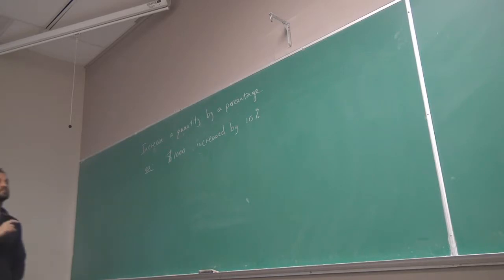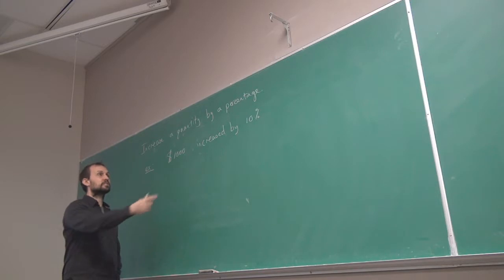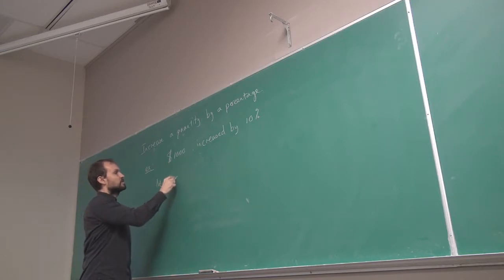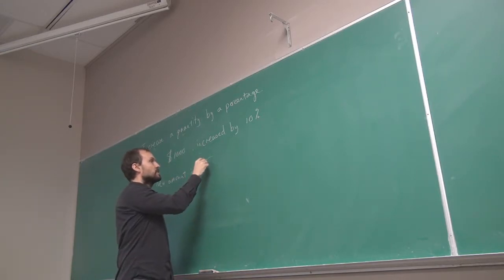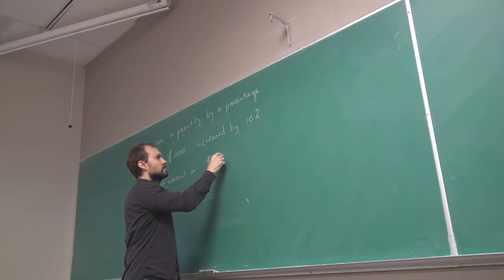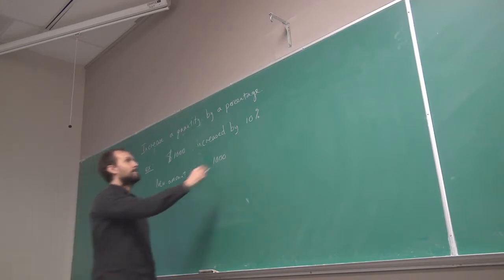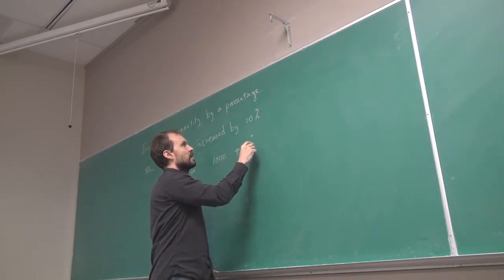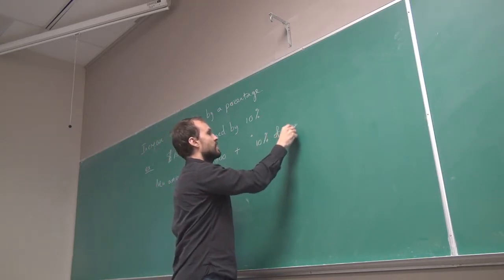What is the calculation to find the new larger quantity, because I'm increasing it? So the new amount is going to be the original 1,000. I'm going to leave the dollar signs off to not confuse us. Plus, I'll say it informally first, 10% of 1,000.